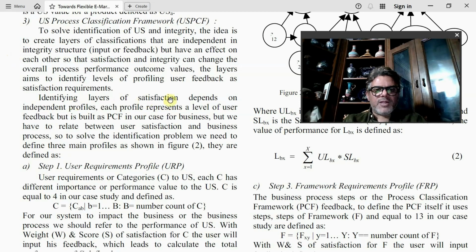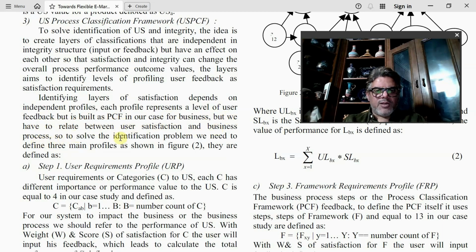So identify layers of satisfaction depends on independent profiles. Each profile represents a level of user feedback, but is built on the process classification framework in our case for business. But we have to relate between user satisfaction and business process.